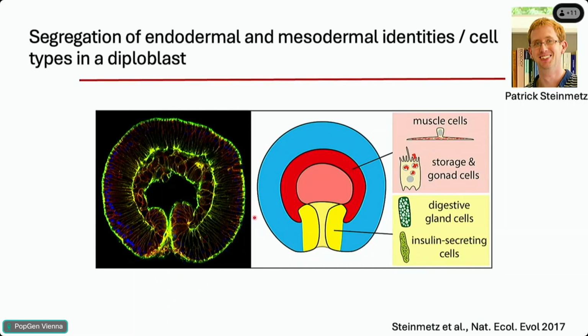This is the pharynx region of still a gastrula stage, but it will develop into a pharynx with derivatives like digestive gland cells, but also insulin secreting cells, which are derivatives of the endoderm tissue, typically in bilaterians, while this inner layer that we used to call endoderm actually expresses all of the mesodermal characteristic genes. So what we think now is it's still diploblastic in the sense that it has 2 cell layers, but it has already segregated into 3 germ layer identities.